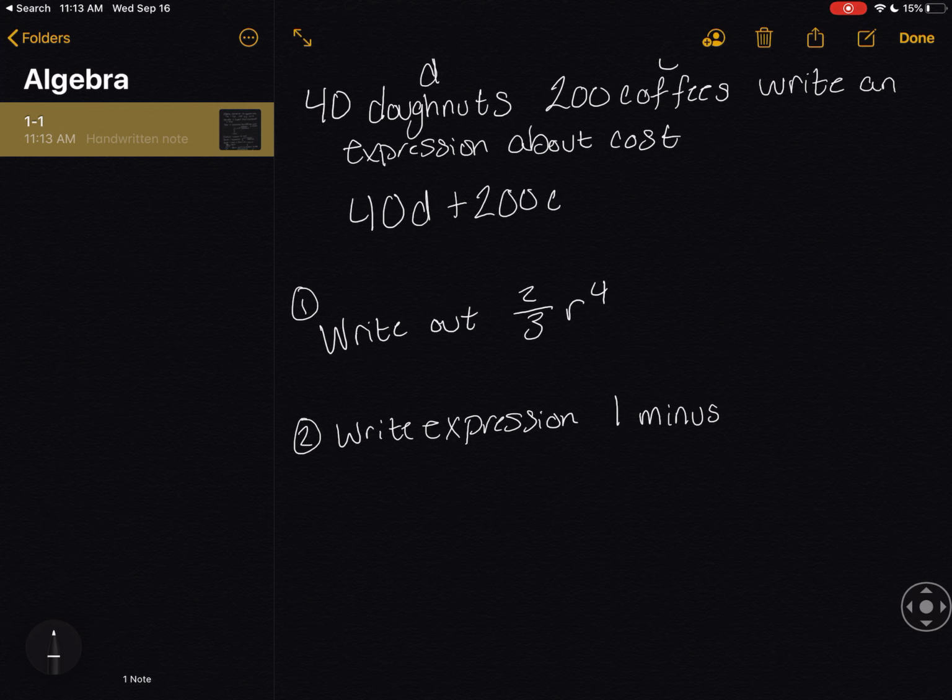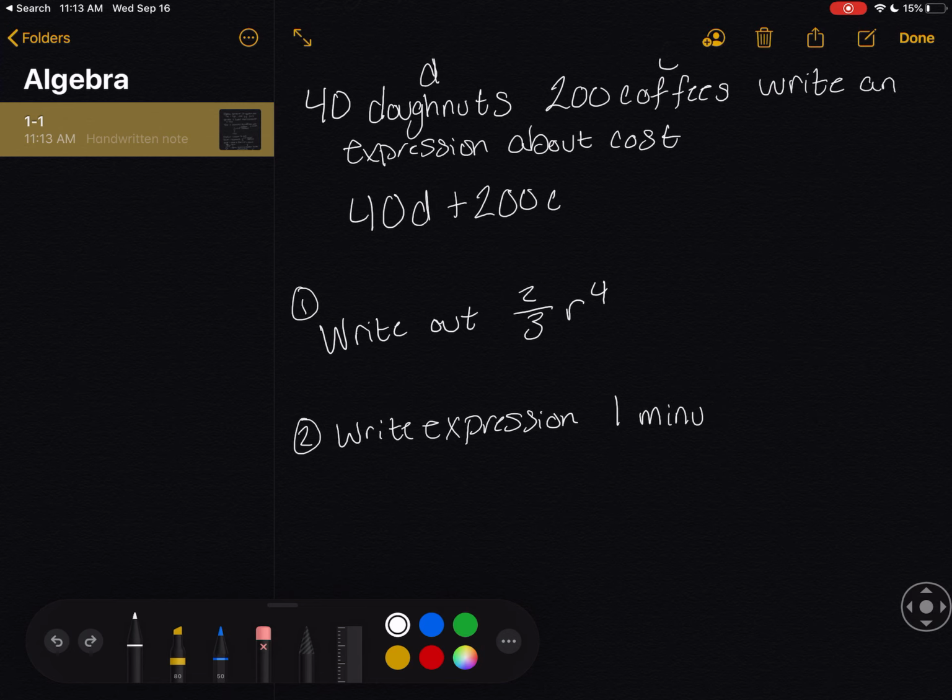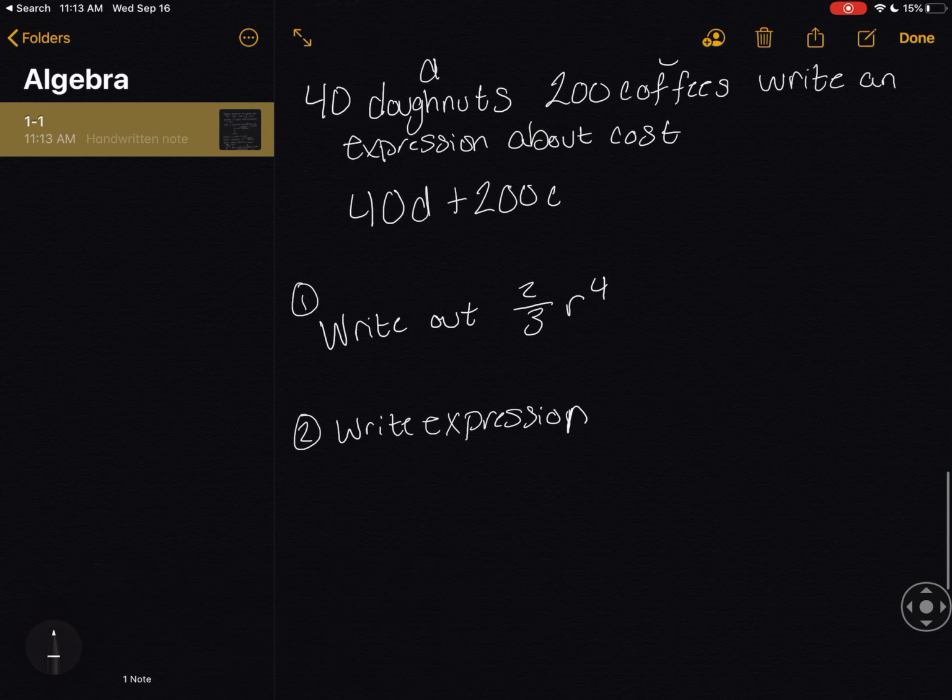I don't like that one. So we're not going to. Let's do the expression 7 more than 11 times a number.